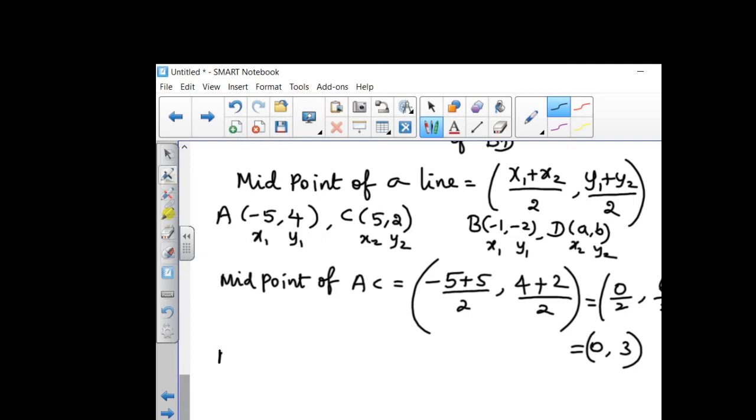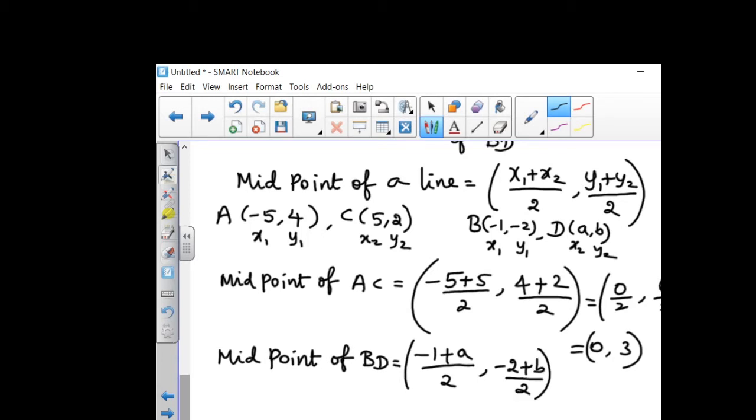Like this you have to find midpoint of BD. Midpoint of BD is equal to, here x1 is minus 1, then x2 is A, by 2, comma, then y1 is minus 2 and y2 is B, by 2. So this is equation number 2, this is equation number 1.